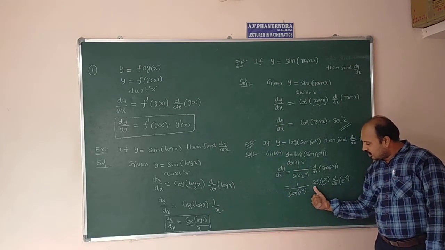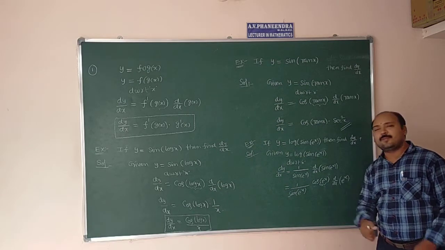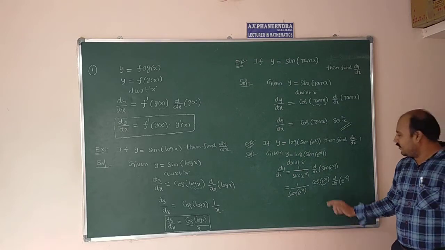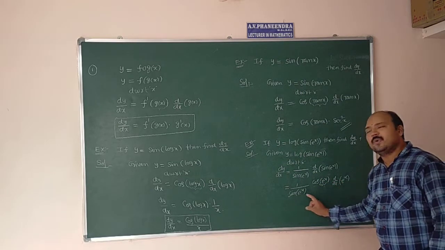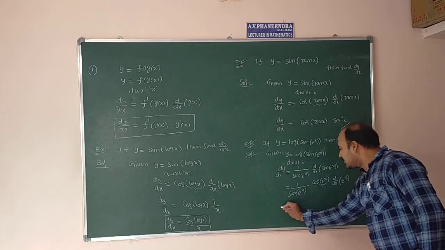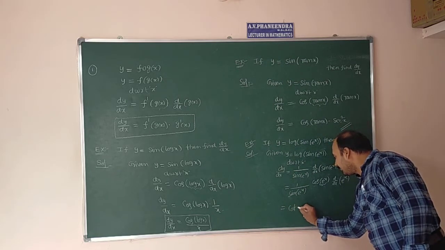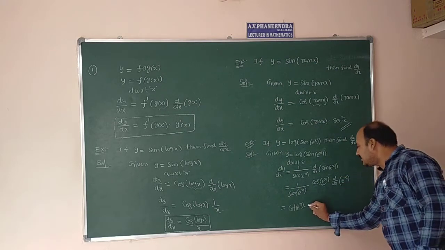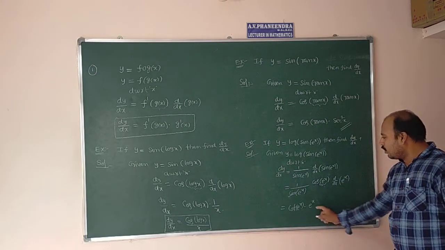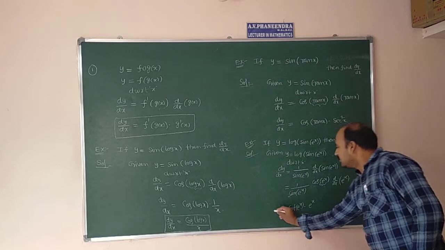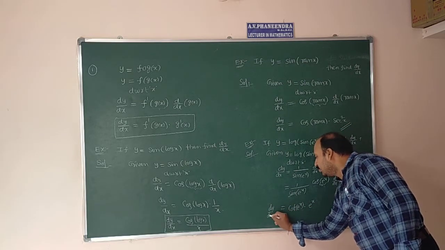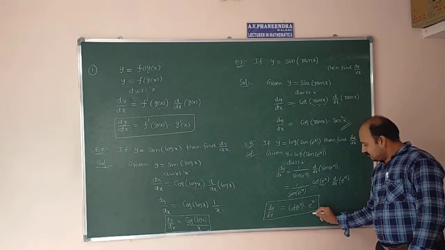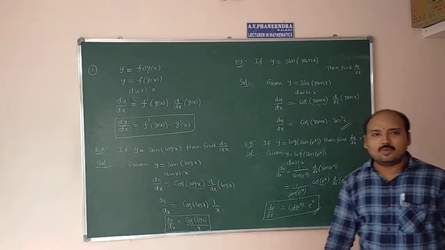If you observe, cos of e power x by sine of e power x: cos theta by sin theta becomes cot theta. Therefore cos of e power x by sine of e power x is cot of e power x, into d by dx of e power x, which is e power x. We cannot multiply further, we can leave it like this. So dy by dx is equal to e power x into cot of e power x. We'll take more examples.